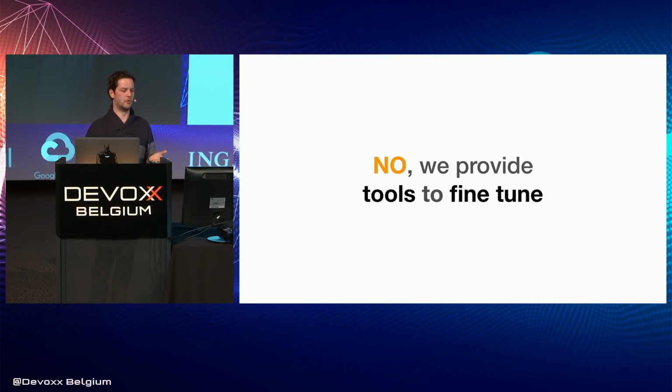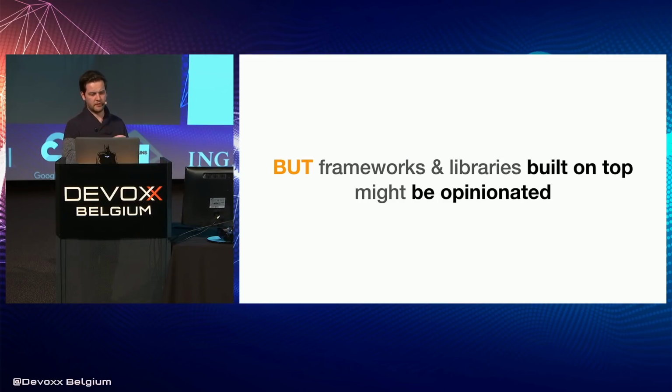The answer is no. We provide tools to fine-tune on which thread you want to execute, but generally it doesn't force you into adopting anything. But frameworks and libraries built on top of the core Reactor library might be more opinionated, of course.